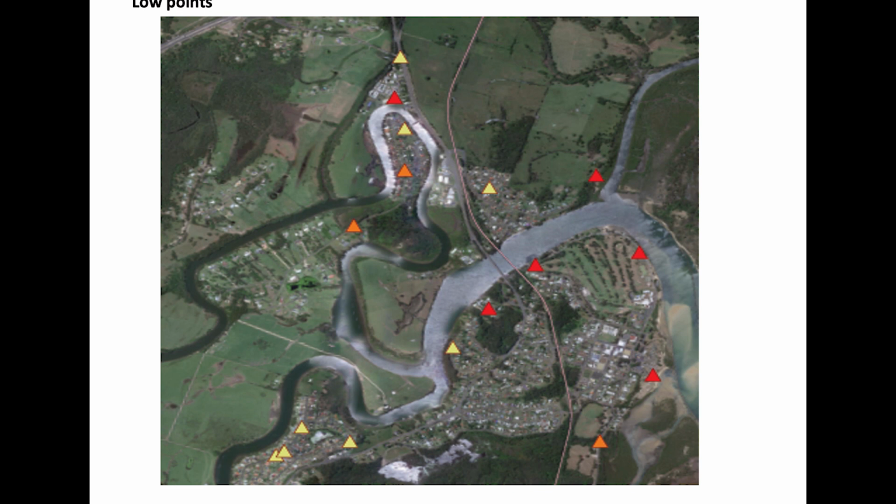The problem with these points, like approaching the bridge from being on the Urunga Island, is that once you get over 2.5 metres, that becomes a cut-off point. You get isolated there, and then you get isolated along the swamp here, which is at a very similar height, just slightly above.